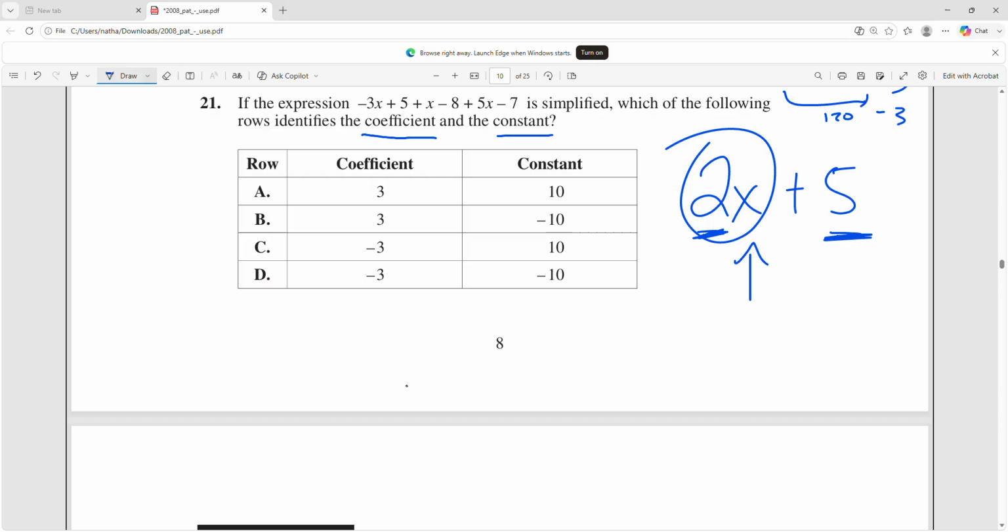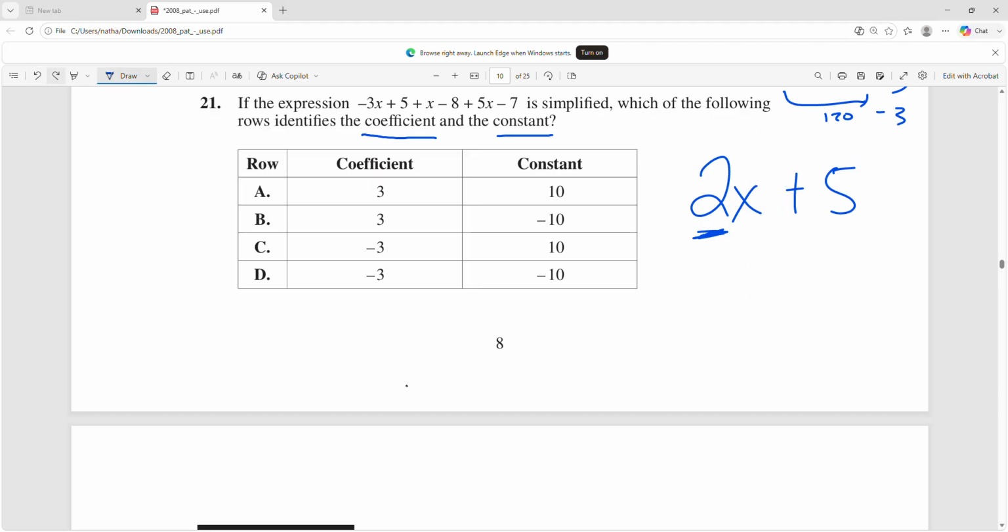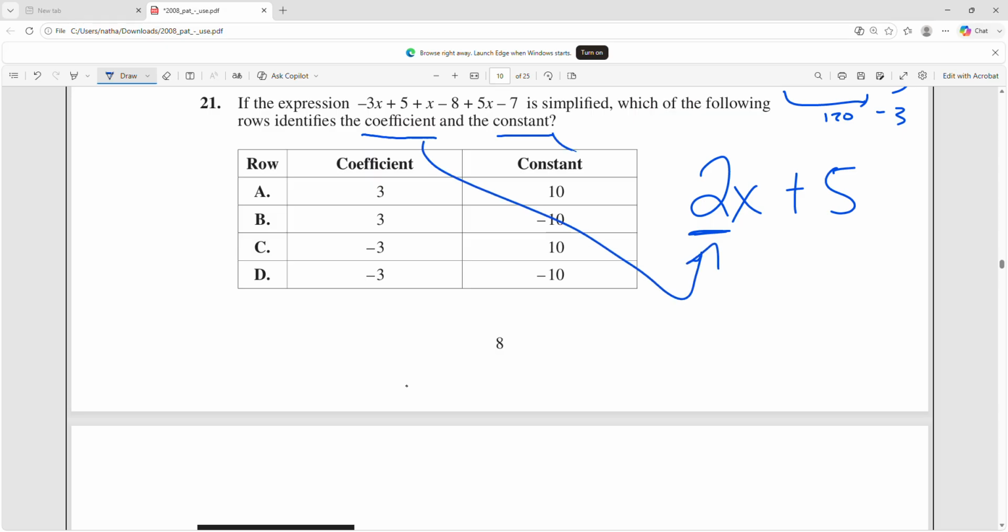If x is 1 or 2 or 3, this does not change because it's not multiplied by an x. So that's why we call it a constant. It stays the same even if the value of x changes. So this is my coefficient. And this would be my constant.